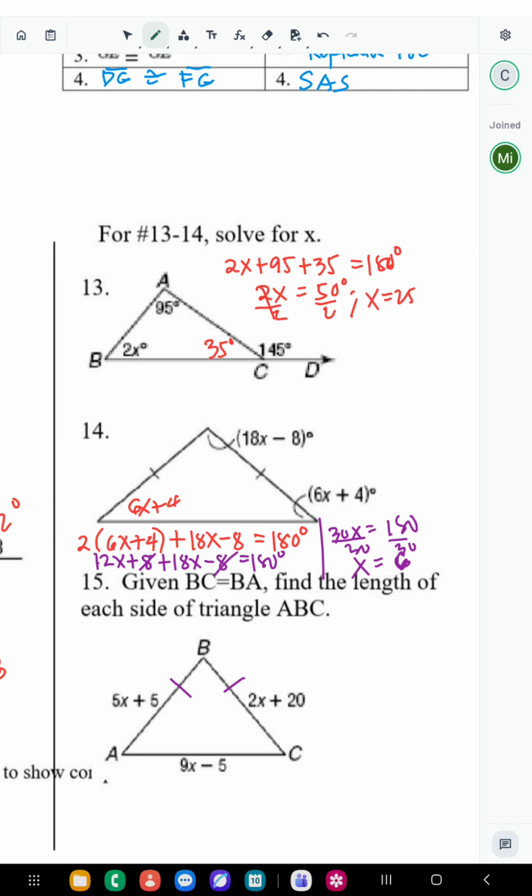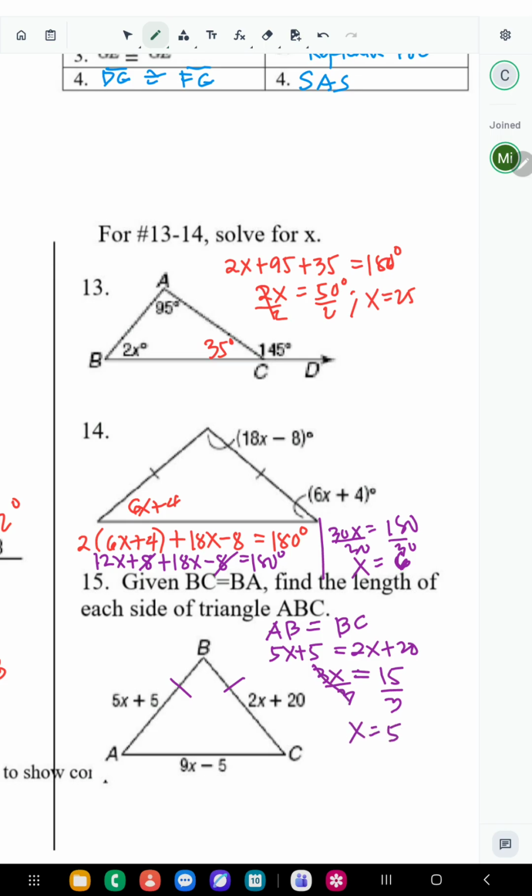Okay, so we can solve for x first. BA is equal to BC. So that means 5x plus 5 equals 2x plus 20. If we group like terms, 5x minus 2x is 3x equals 20 minus 5 is 15. Divide by 3. So x here is equal to 5.